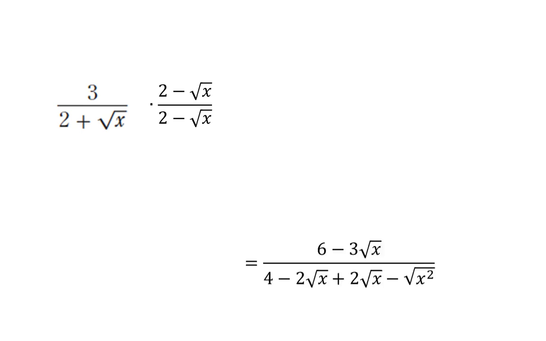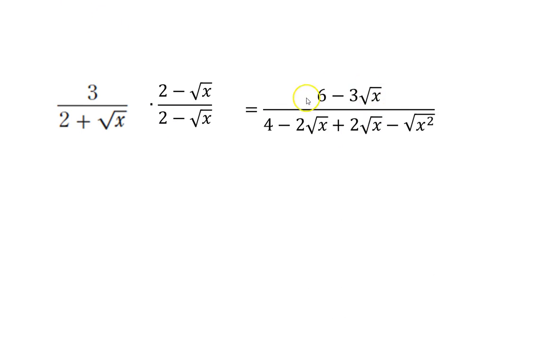So what does that look like? Looks like this. The numerator comes from 3 times 2 is 6. 3 times the negative square root of x is negative 3 times the square root of x. In the denominator, we have 4 from 2 times 2. Then we do 2 times negative square root of x, which is negative 2 times the square root of x.